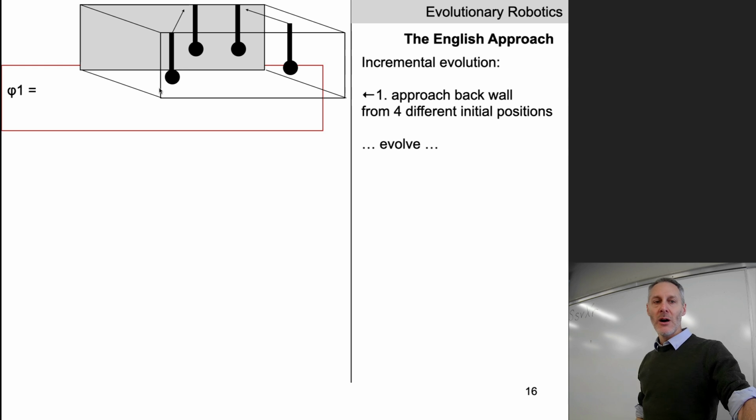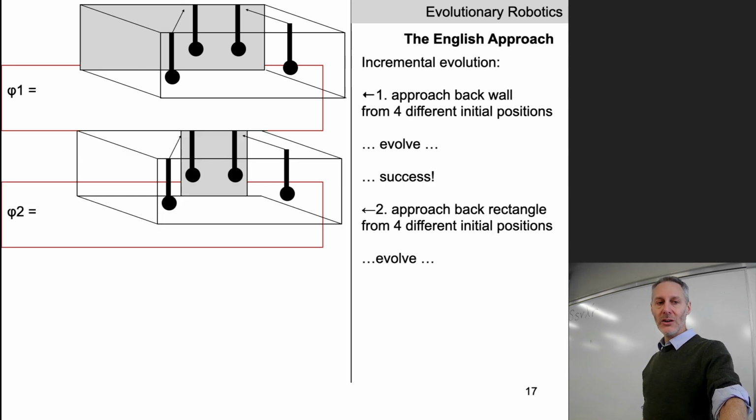And all it's got to do is go to the back wall, go towards the black patch at the back of the table. Okay. After they evolved for a few hours on the gantry robot, eventually they get success. No matter where they put the gantry robot, it always drives towards the back black wall.